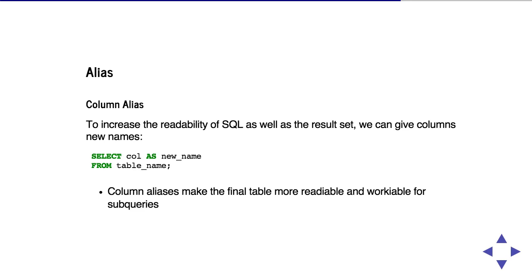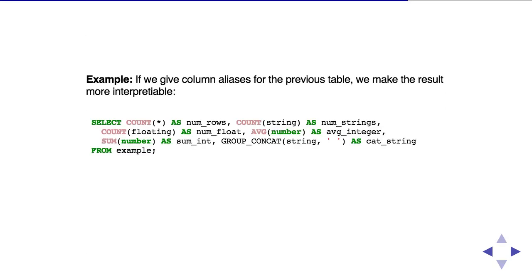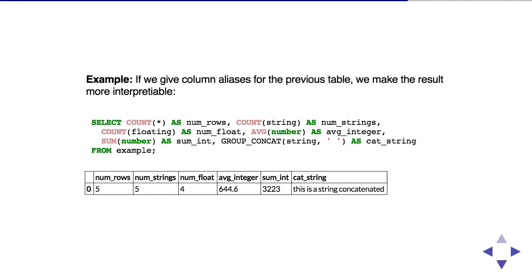So if we give column aliases to that whole string before, with the number of rows from example, now we have everything lined up so that it tells us what this column actually means, like average of integers, and so on.